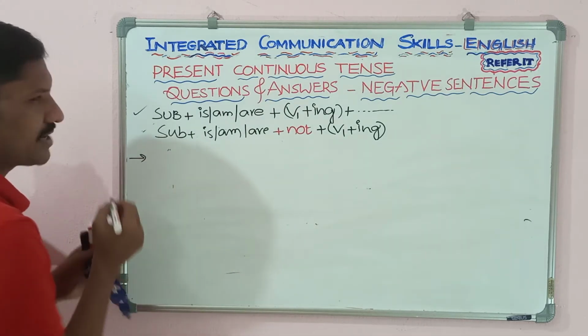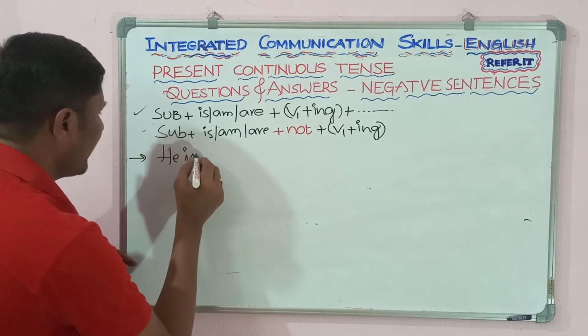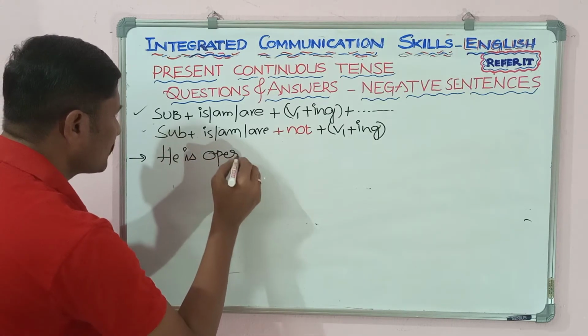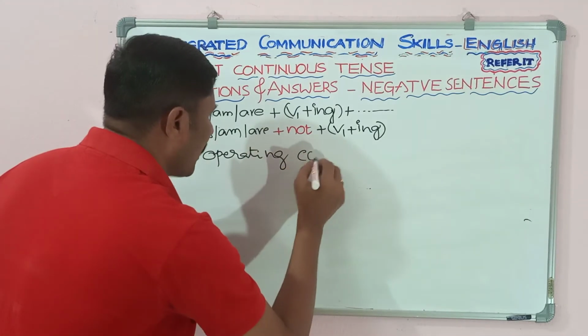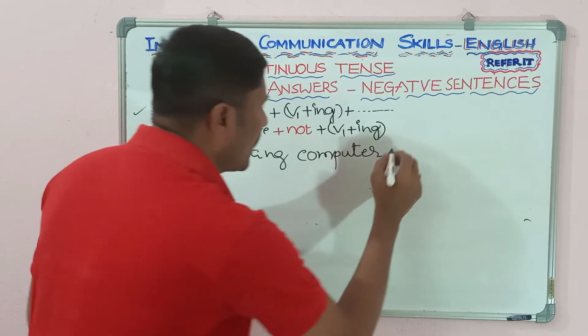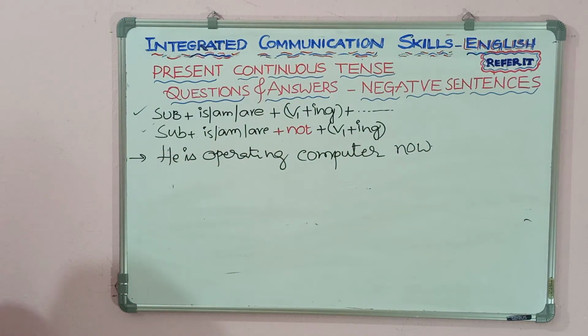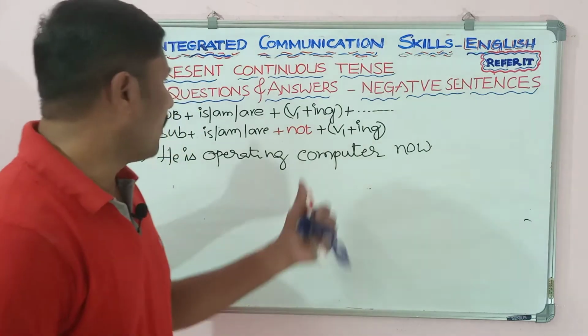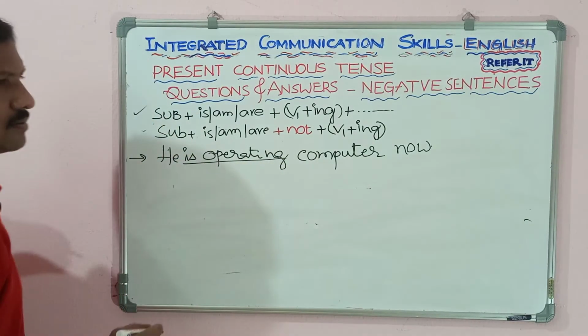Second sentence, now I am writing, he is operating computer. He is operating computer now. So this is the sentence. Identify the verb: is operating.